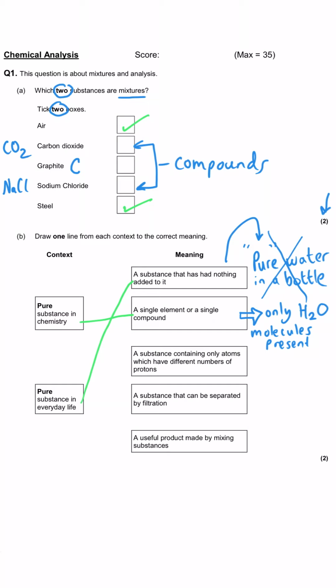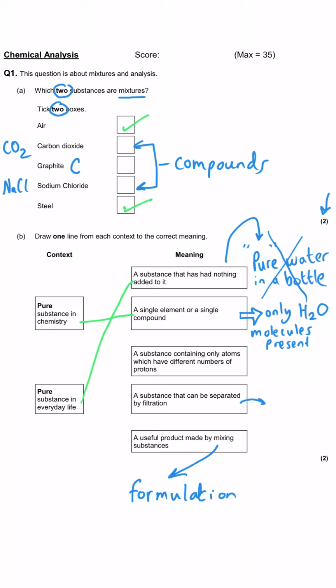Now, two of the last three statements in the meaning section actually do have meaning. So a substance made by mixing substances in precise proportions is a formulation. So that is a decoy option from this topic, in fact. So anything from shampoo, toothpaste to emulsion paint, those are formulations because they are mixtures with very precise fixed proportions.